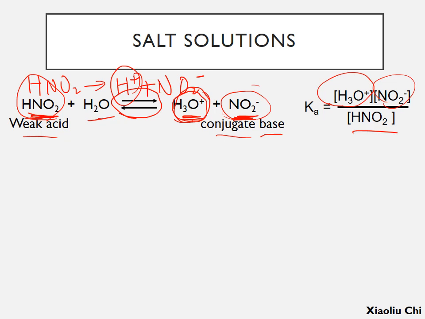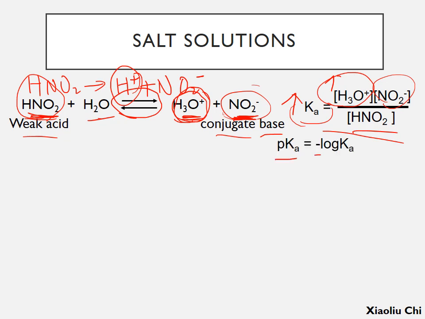So if we ignore the water concentration, then this constant is called the acid ionization constant, or simply acid constant, Ka. So the larger the Ka, the more hydrogen ion it produces, and therefore it's a stronger acid.